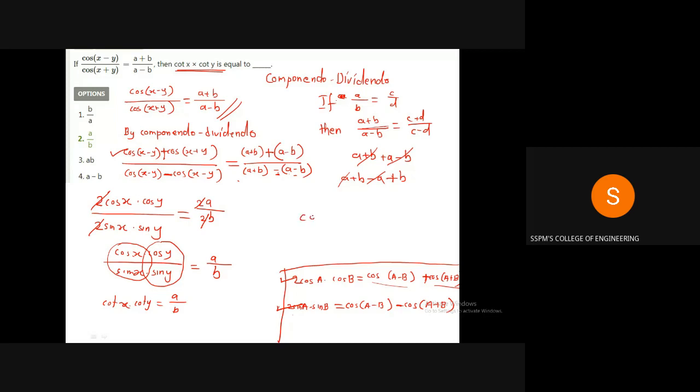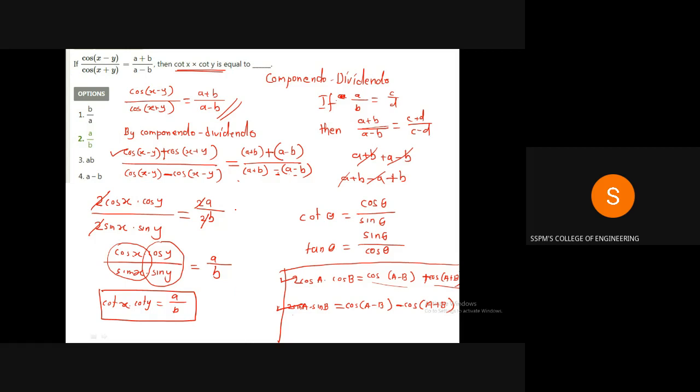Because cot theta is equal to cos theta divided by sin theta. What is tan theta? It is not used here, but still, tan theta is sin theta divided by cos theta. So cot x cot y is equal to A divided by B. That is the correct option.